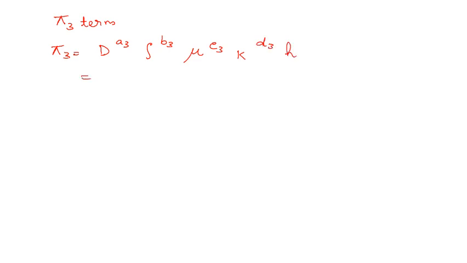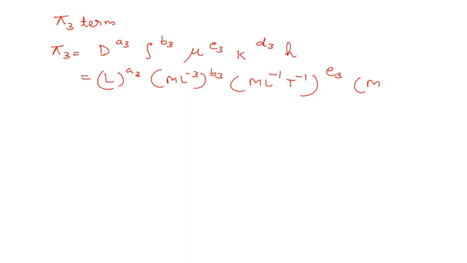Here d is nothing but L to the power a3, then it is ML to the power minus 3 to the power b3, then ML minus 1 T to the power minus 1 to the power c3, and here it is ML T to the power minus 3 theta to the power minus 1 to the power d3, and the last one, h, is M T to the power minus 3 theta to the power minus 1.